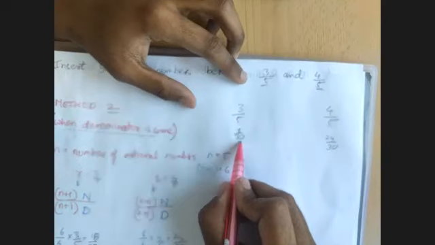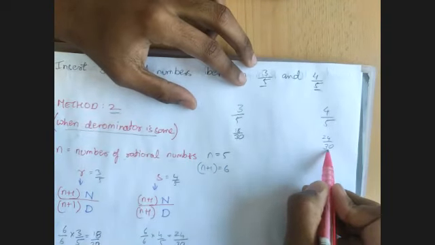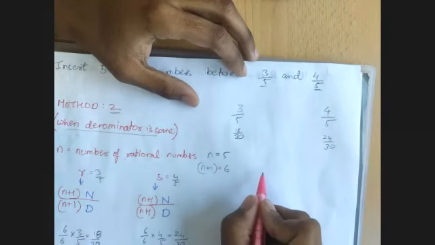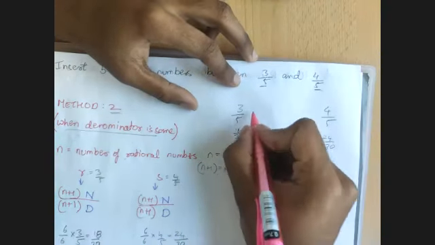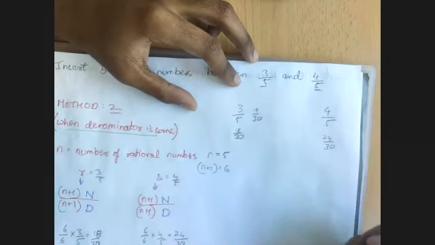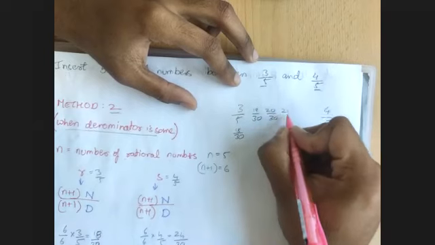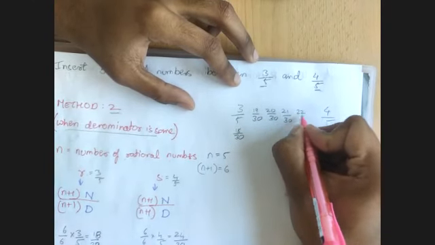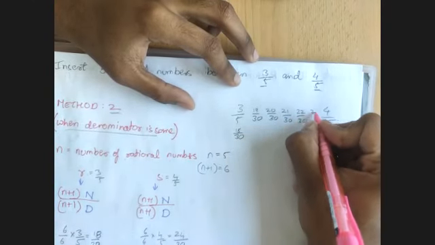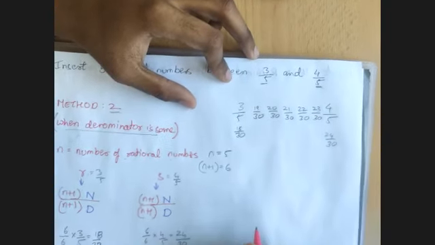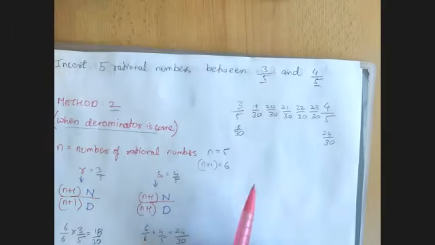There is 18 by 30, there is 24 by 30. I need to add 5 numbers. So I write the next numbers as 19 by 30, then 20 by 30, 21 by 30, 22 by 30, 23 by 30. So these are the 5 numbers.